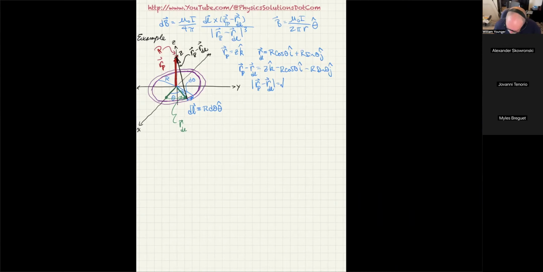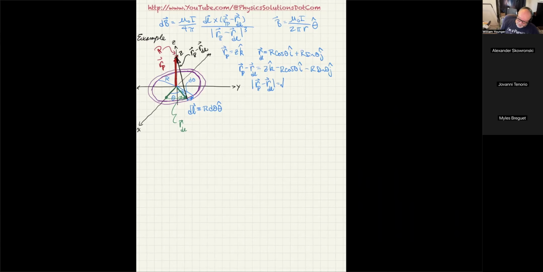The big thing to notice on this vector is that it's got two legs, if you will, if you're thinking of the Pythagorean theorem where you have two legs and then a hypotenuse. This has two legs that are perpendicular to each other. One is the green vector, and you know the magnitude of the green vector is in fact just r, even though it's r cosine theta i hat plus r sine theta j hat.